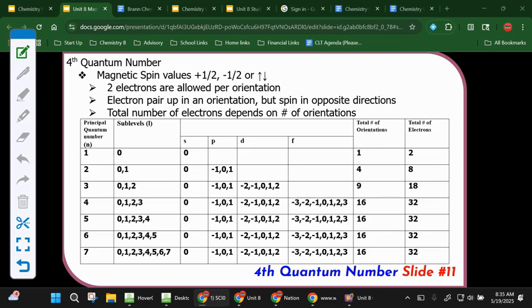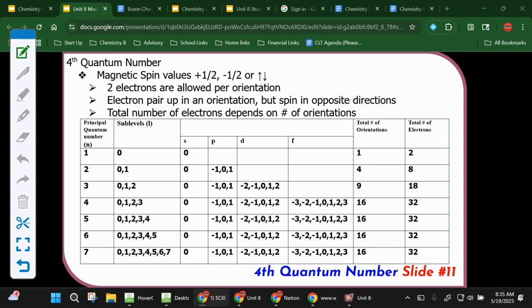Anybody notice anything about your periodic table? Go to the fourth period. Count them up. 18.